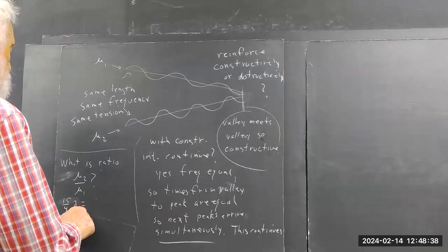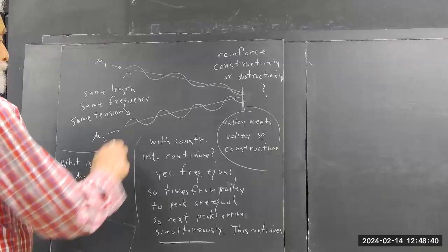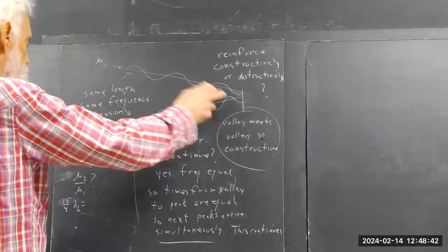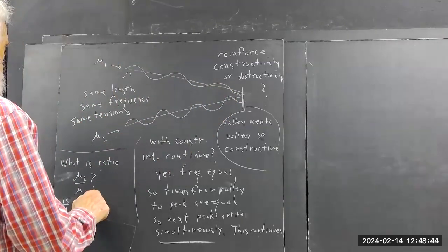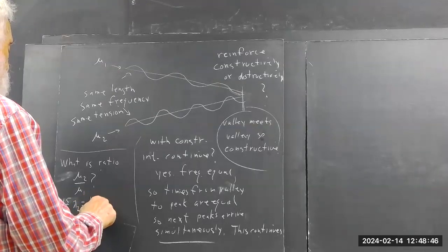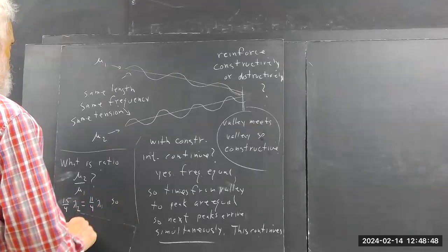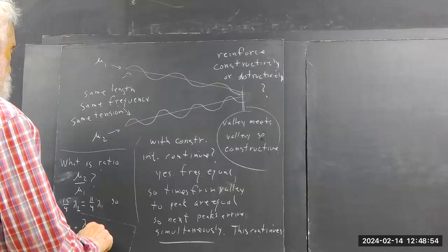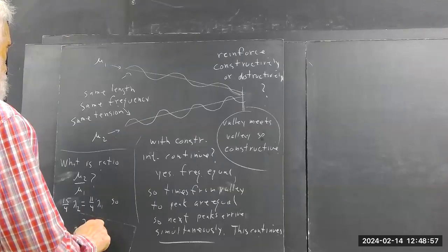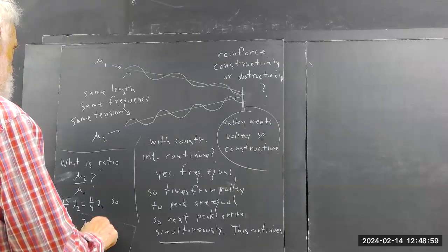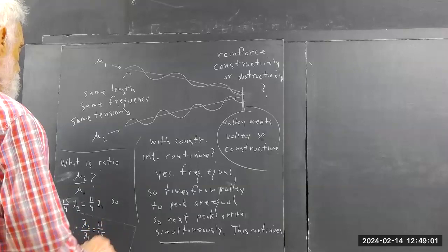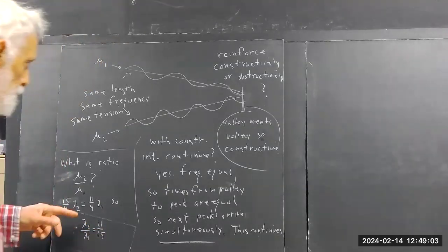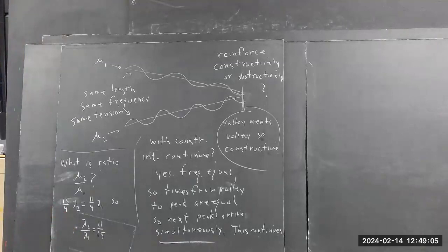So you have lambda 2 at 15/4 lambda 2 equal to 11/4 lambda 1. So the ratio of your wavelengths is 11/15.